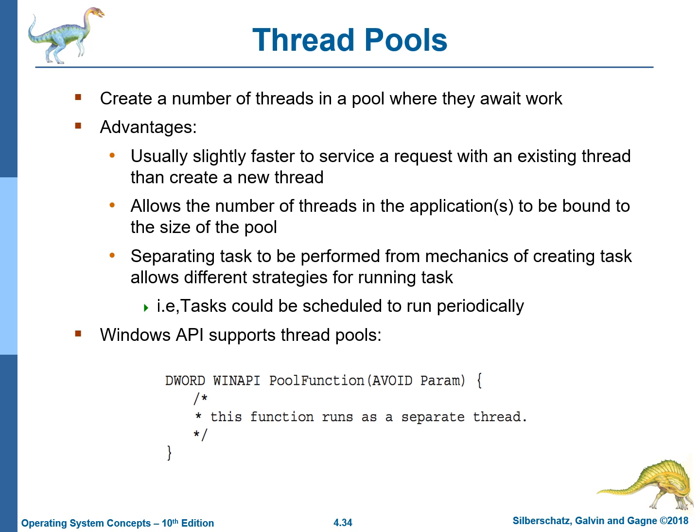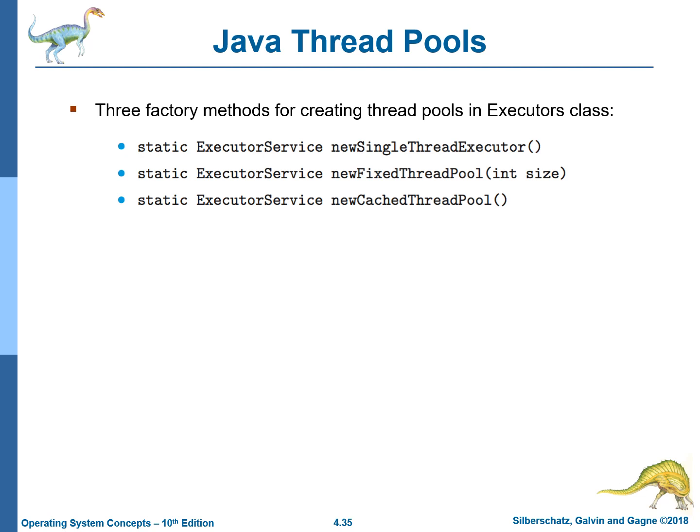For example, tasks could be scheduled to run periodically. The Windows API supports thread pools. As you can see down below, these are the 3 factory methods for creating thread pools in the Executors class.